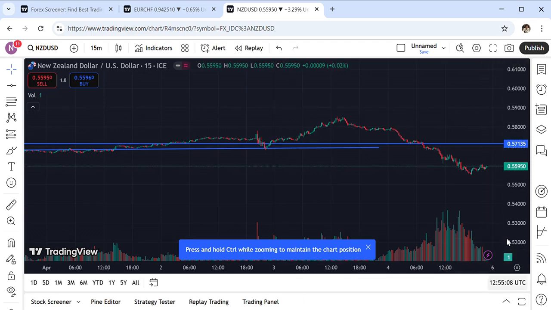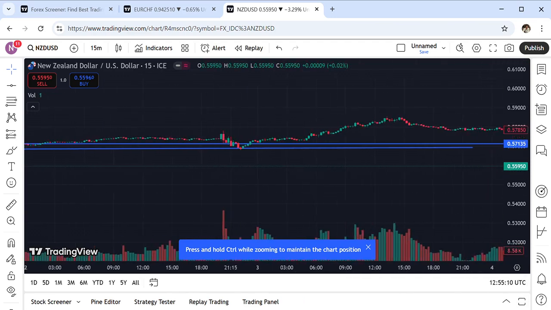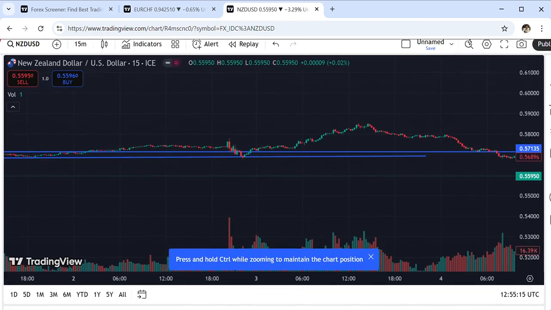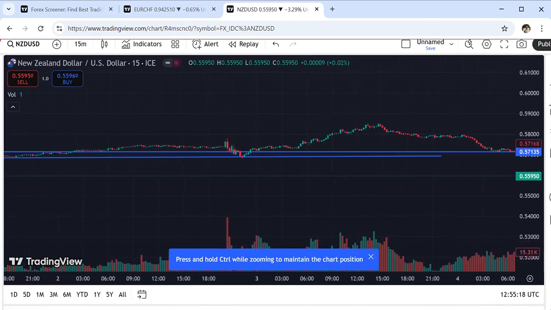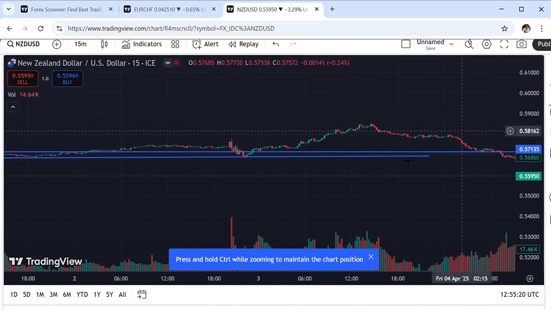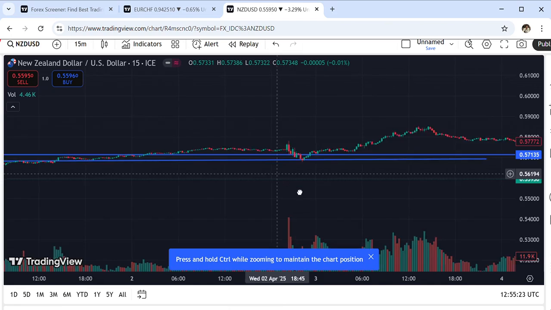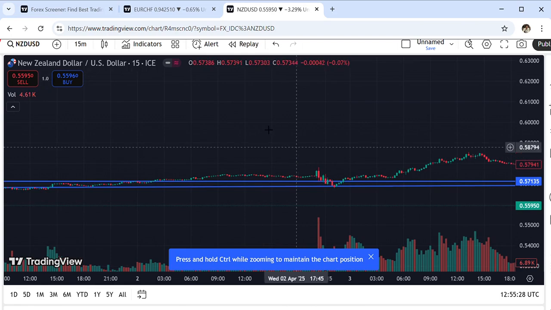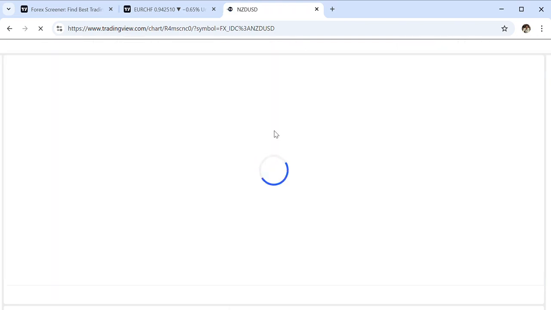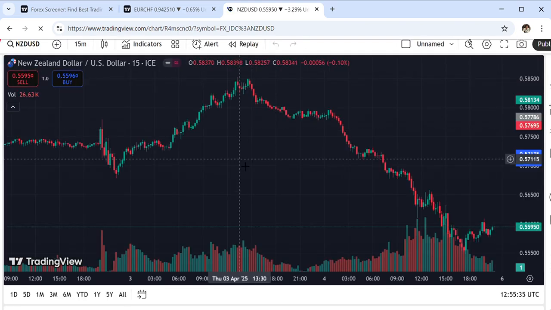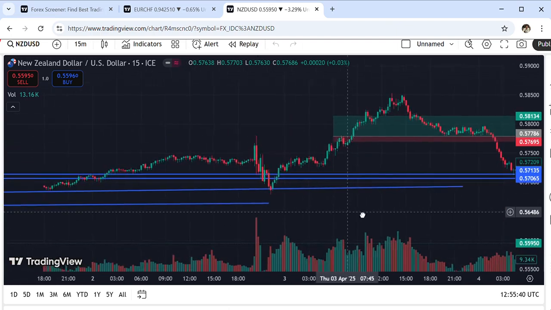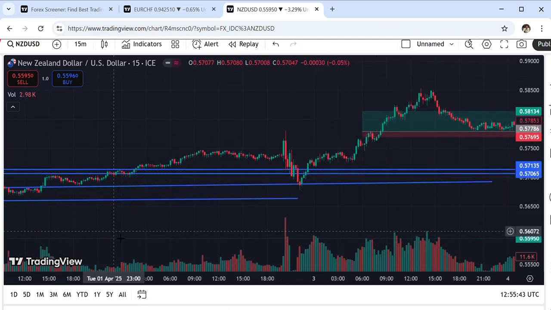I don't know why the chart is now very small. Let me refresh my browser. Reload. So this is my 15 minutes. You can see now.